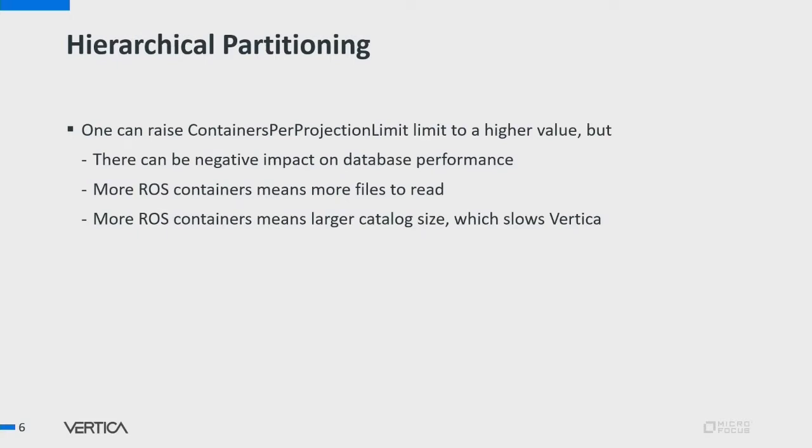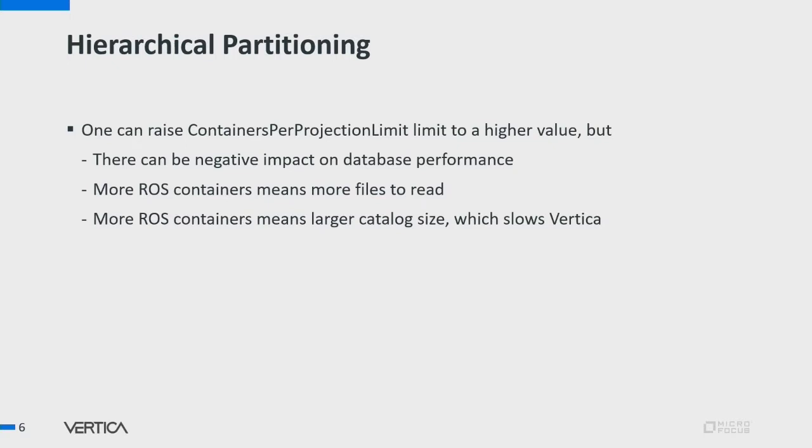In this situation, one can attempt to raise the container per projection limit to a higher value, but there can be a negative impact on the database performance. More ROS containers mean more files to read, and more ROS containers mean larger catalog size, which can slow Vertica down.